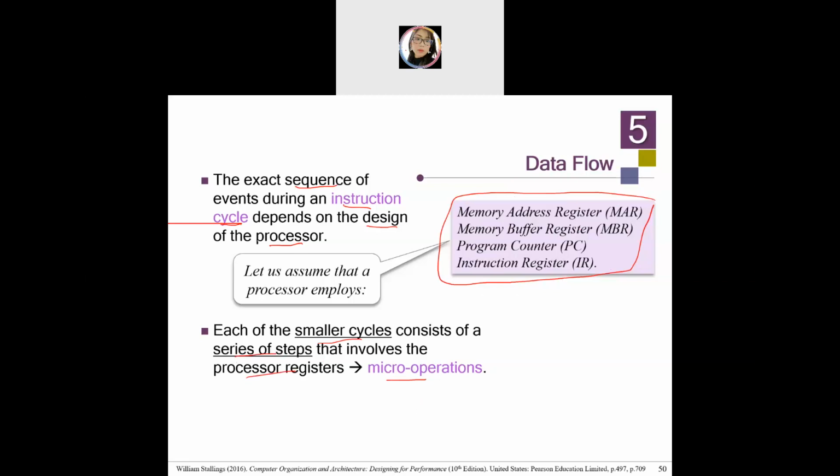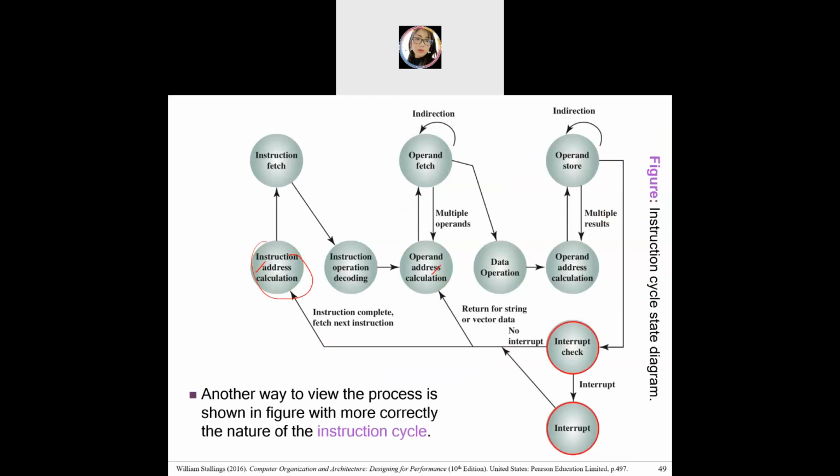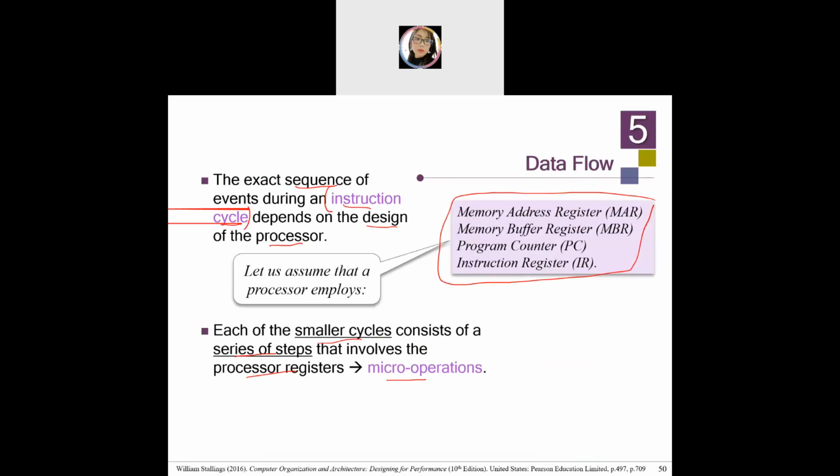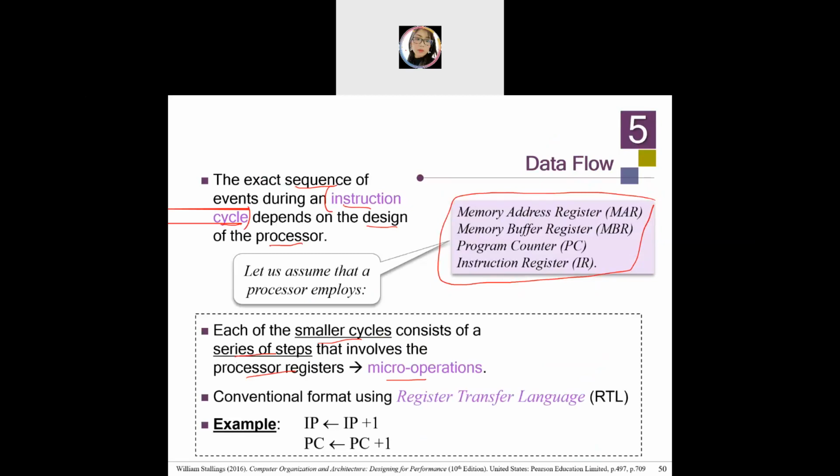So just now you know the general cycle, only for the instruction cycle. But actually, when you are working with the data, you can also divide it into several steps, depending on your processor. Here, the conventional format is using register transfer language, RTL.